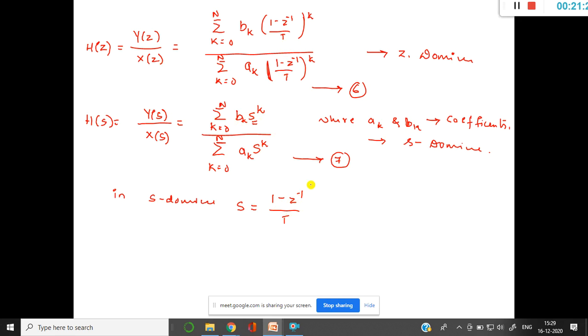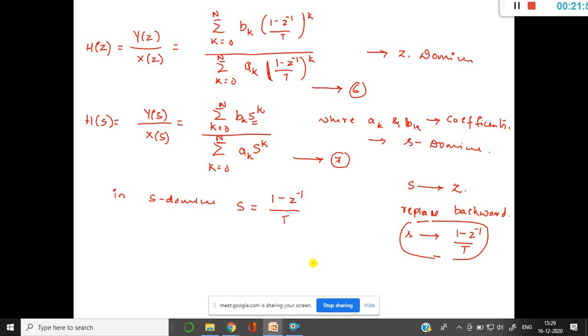So wherever you get s, if I want to move from the S domain to the Z domain, replace s by 1 minus z inverse divided by T, and this method we call the backward difference method.